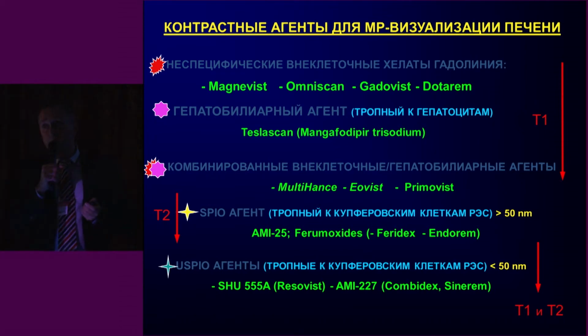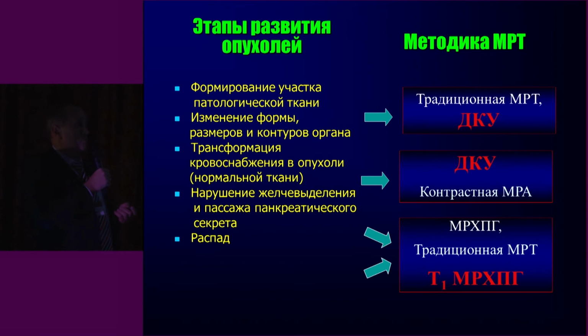Look at the list of drugs, or agents, we have outside Russia. Here you see only these drugs, non-specific extracellular gadolinium chelates. It's not iodine drugs, it's gadolinium drugs. Then we could use Primovist, but other drugs are not available for us. And we're really envious of our colleagues who could use various agents.